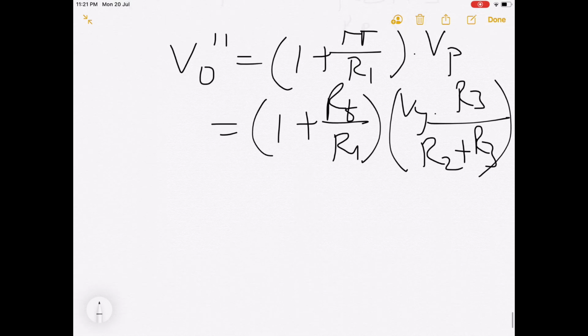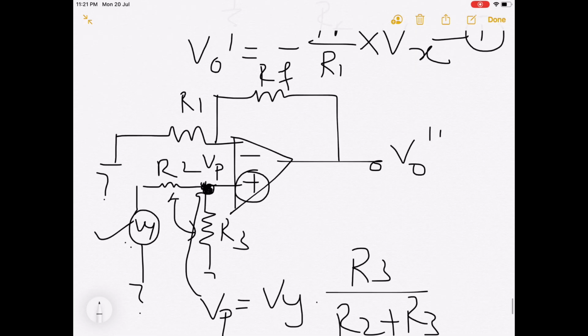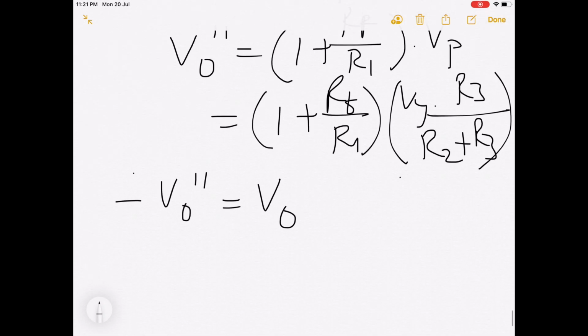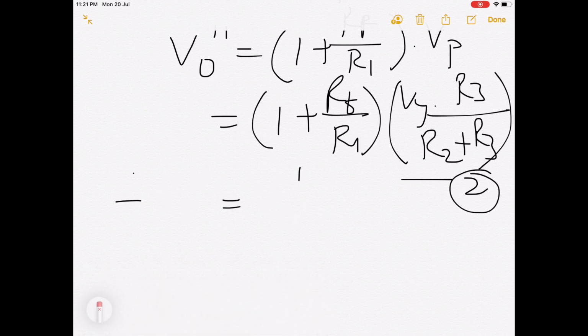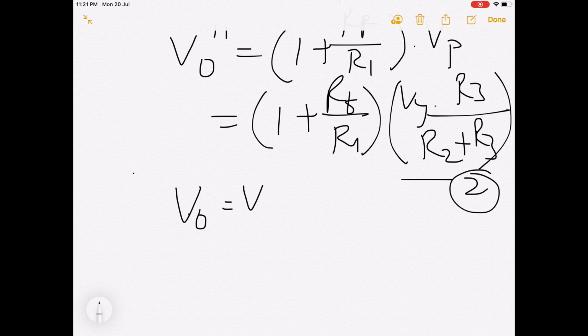So VO double dash, and what we have seen as VO dash, equation number 1 and equation number 2 are added here. So VO is equal to VO dash plus VO double dash.